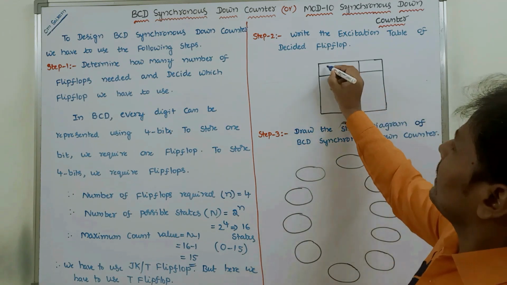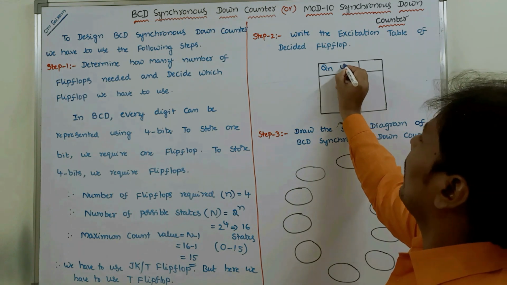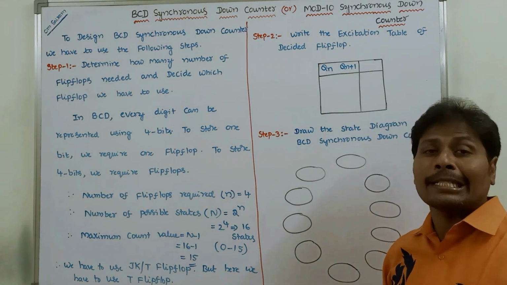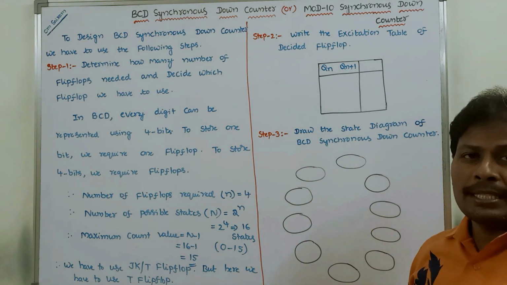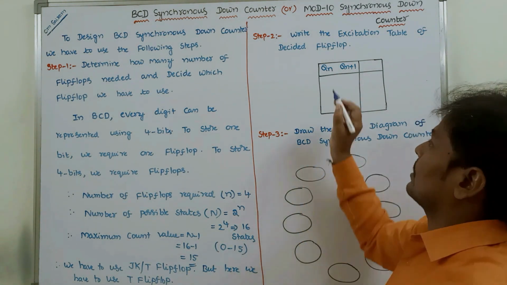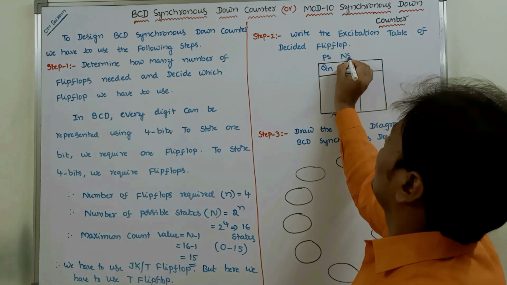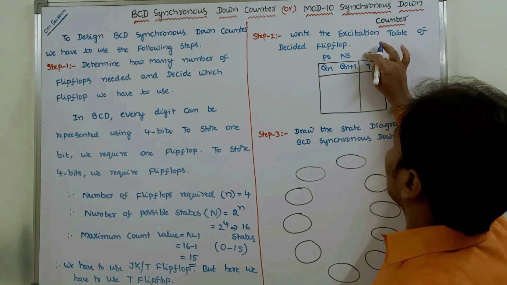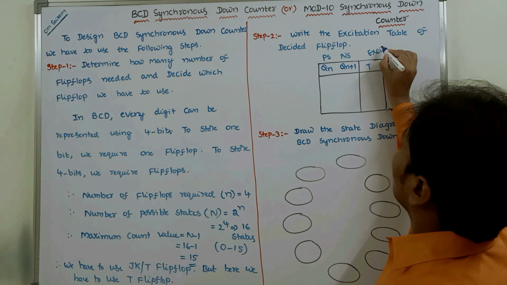In the excitation table, Qn is nothing but present state and Qn plus 1 is nothing but next state. That can be taken as inputs and T can be called as excitation input.